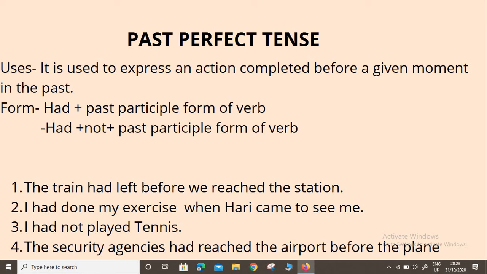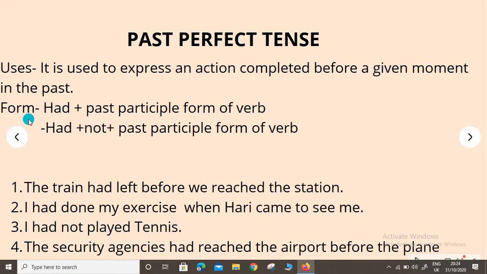If two actions happened in the past, it may be necessary to show which action happened earlier than the other one. For example, the train had left before we reached the station. So there are two actions. The train had left and we reached the station. So one action has taken place before the other action had commenced.